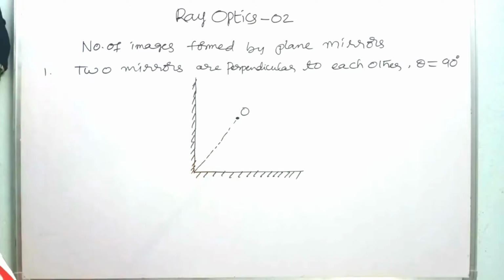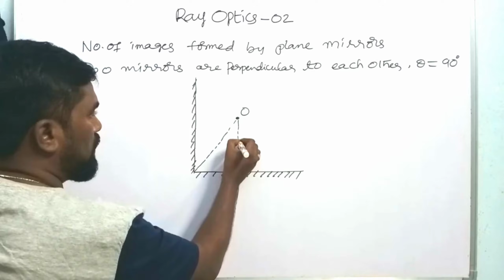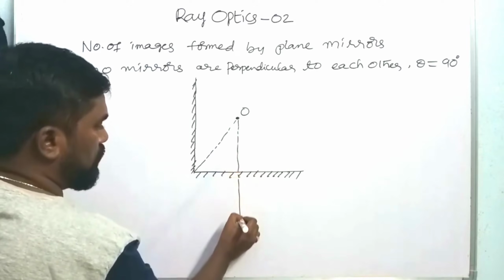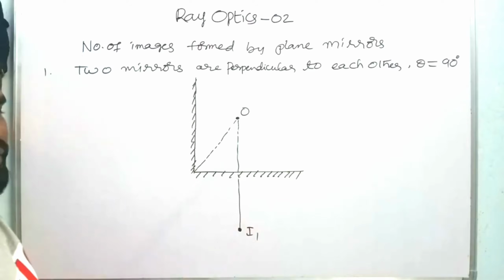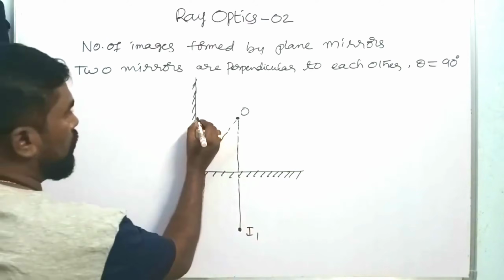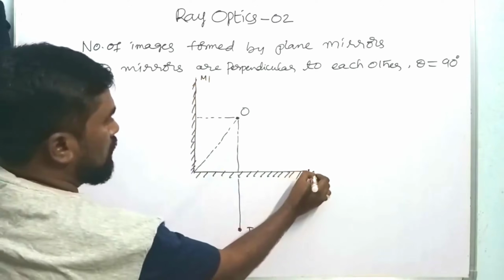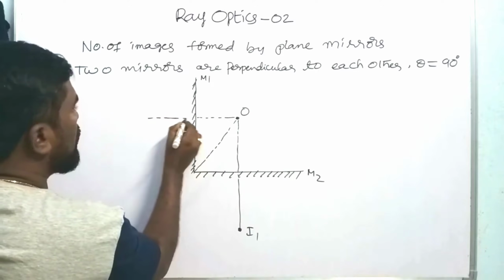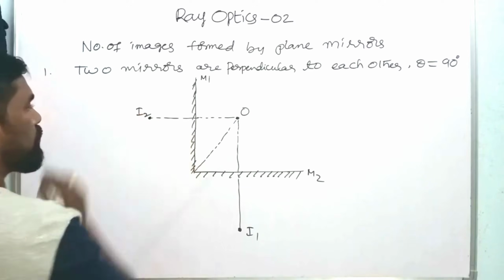Whatever distance it has, at that distance there should be an image formed, that is image 1. And how much distance it was located from the M1 mirror, the image should be formed at that much distance, that is image 2.